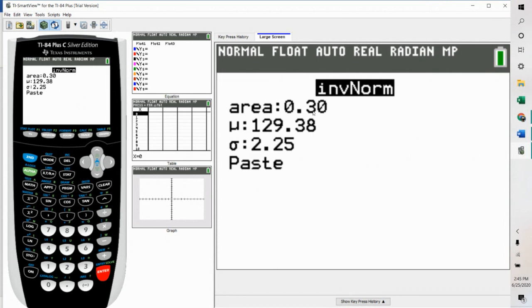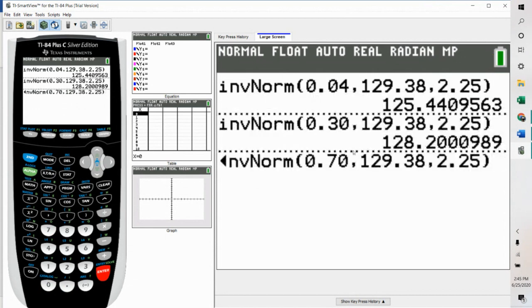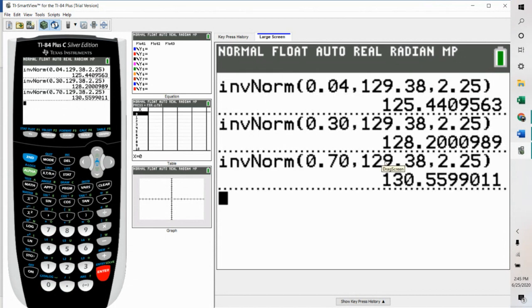And then instead of 30%, we're putting 70. Hit enter one more time. And it's between 128.2 and 130.55 or 56, depending on how far you're going. And so that's how you would use these.